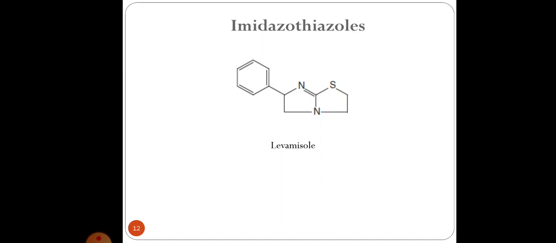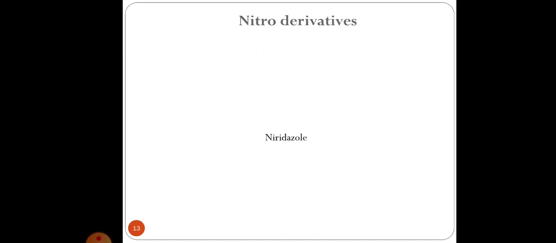Example includes levamisole, and this is the structure specifically for levamisole. Coming to the next class, that is nitro derivatives. Example is niridazole. This is the structure for niridazole.